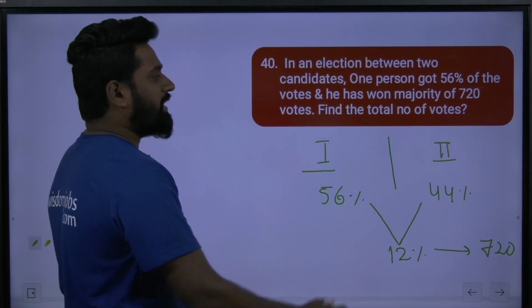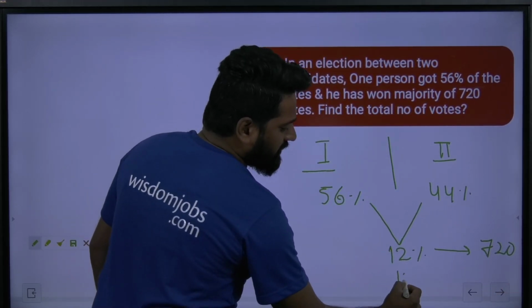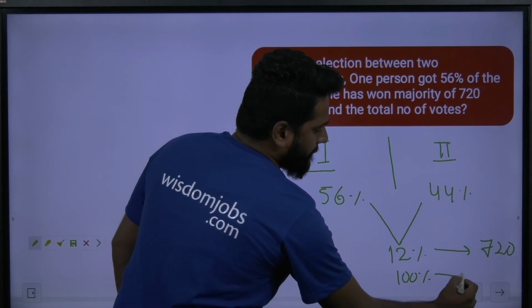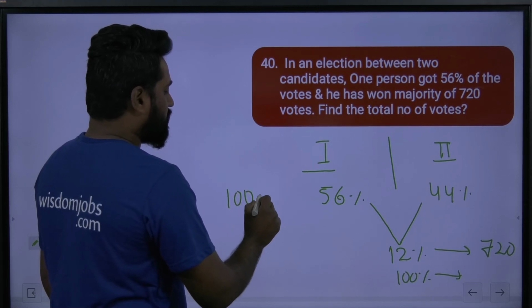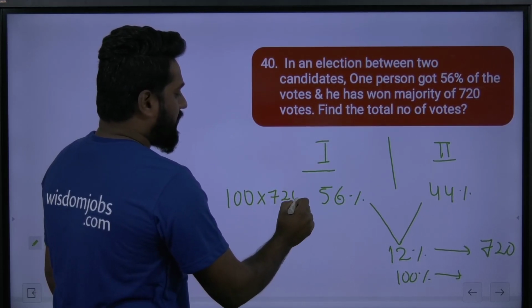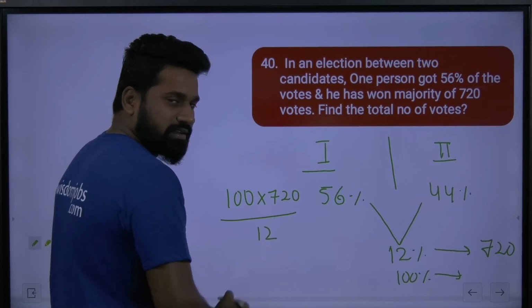Now we have to find the total number of votes, which indicates 100%. How much is it? Cross multiplication, that is 100 into 720 by 12. Is it clear?